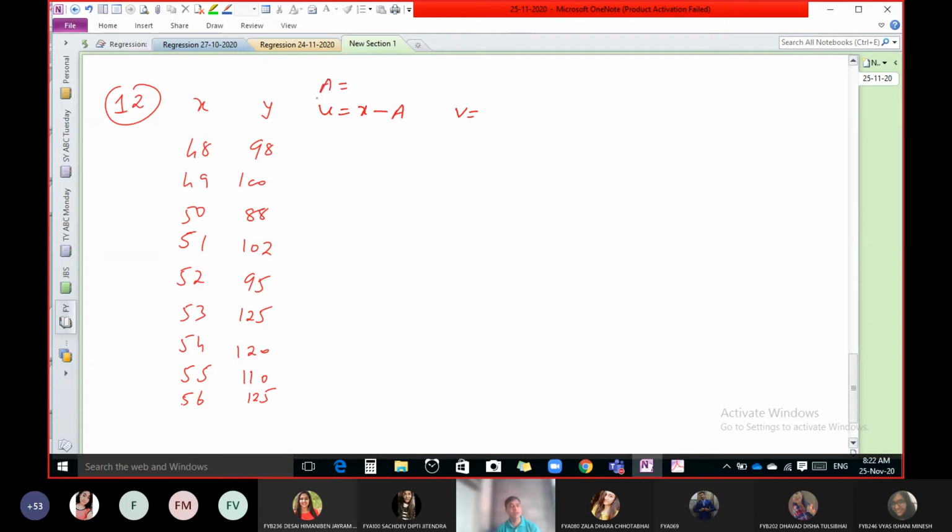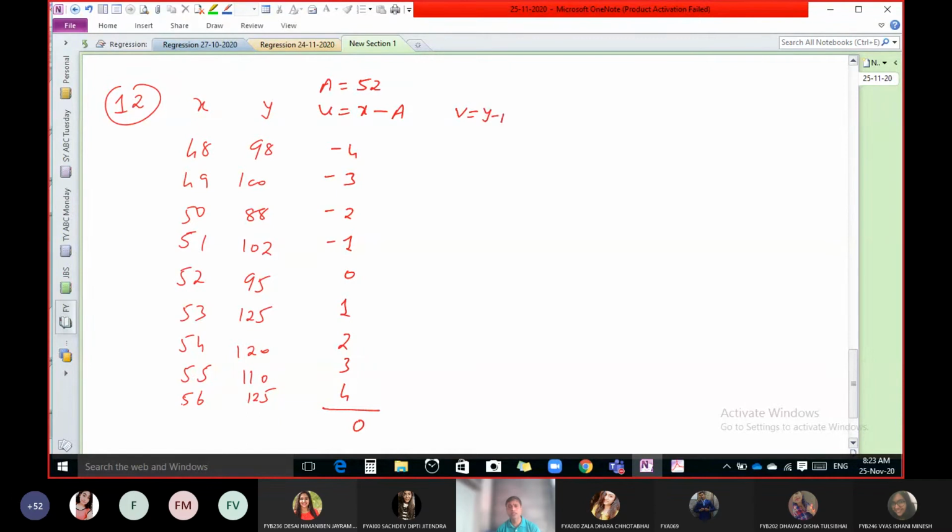You can assume any number, no problem at all, but which one is the best? 52. The reason is, if we subtract 52 from all, we get -4, -3, -2, -1, 0, 1, 2, 3, 4. So the total of that is 0, and that makes the calculation simple.